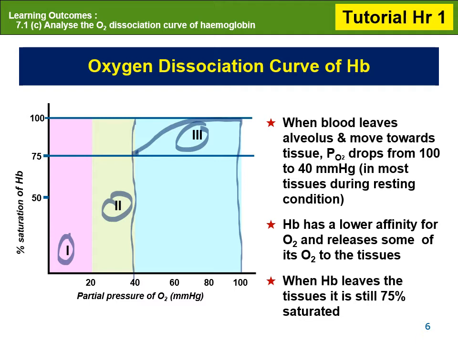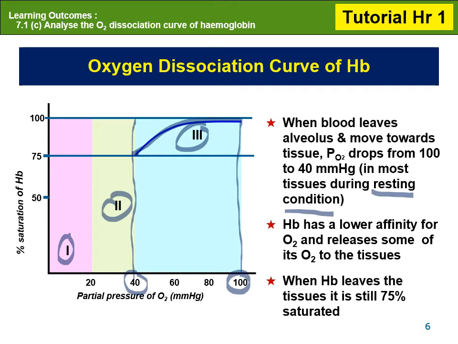Ini dalam keadaan in most tissues during resting condition. Bila blood leave the lungs ataupun alveolus, so they move toward the tissue lah. So partial pressure of oxygen daripada 100 dia gerak kepada 40, tekanan tinggal 40.